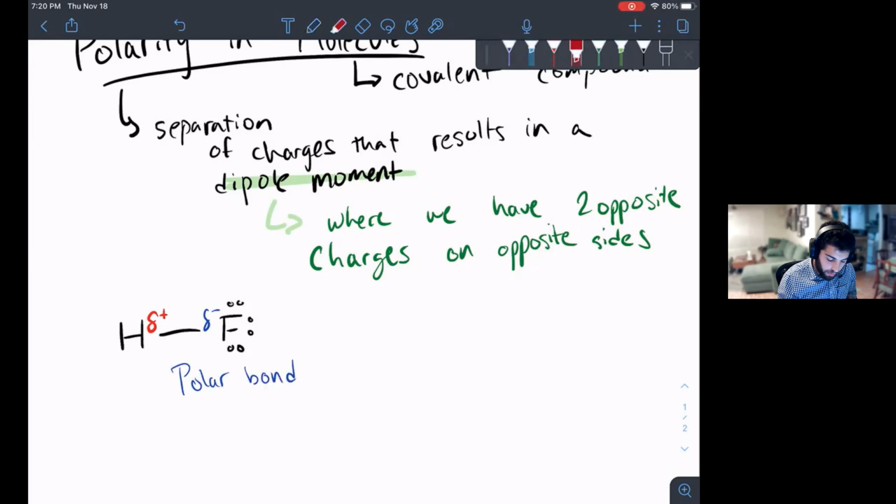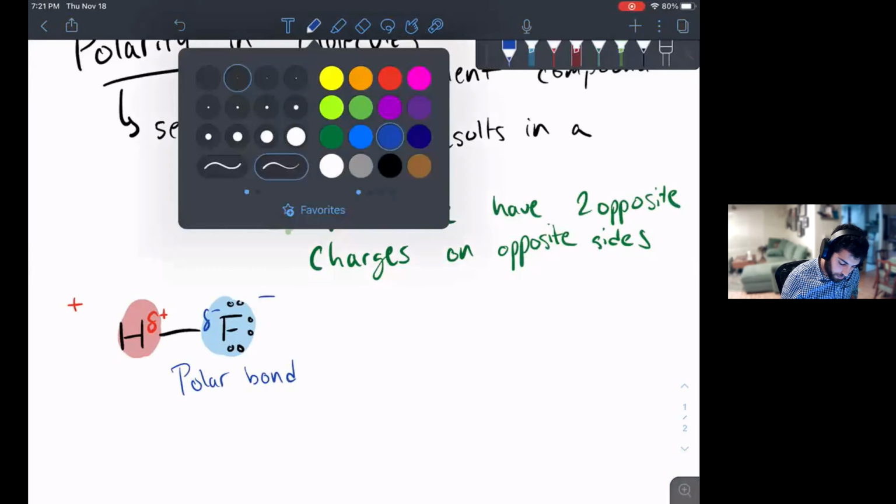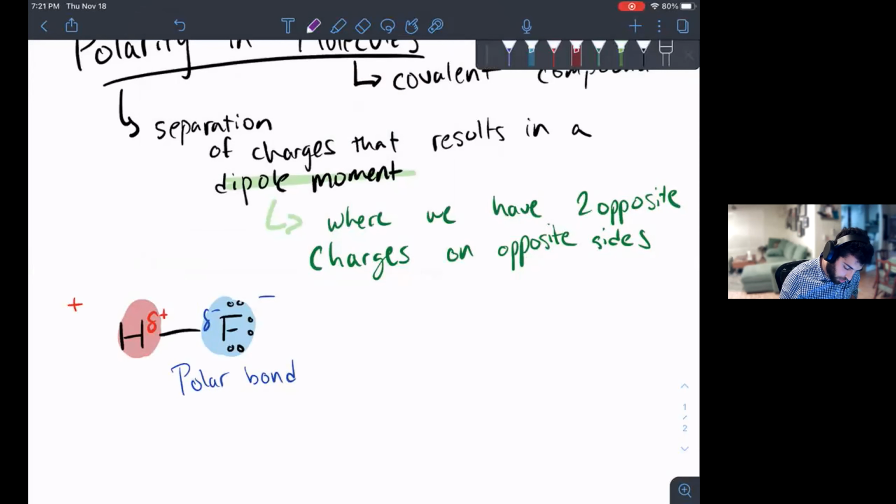But if we look at the molecule as a whole, the hydrogen side is positive-ish, and the fluorine side is negative-ish. And so if I were to go ahead and just draw a line in between, I'm going to see that one side is negative and one side is positive.